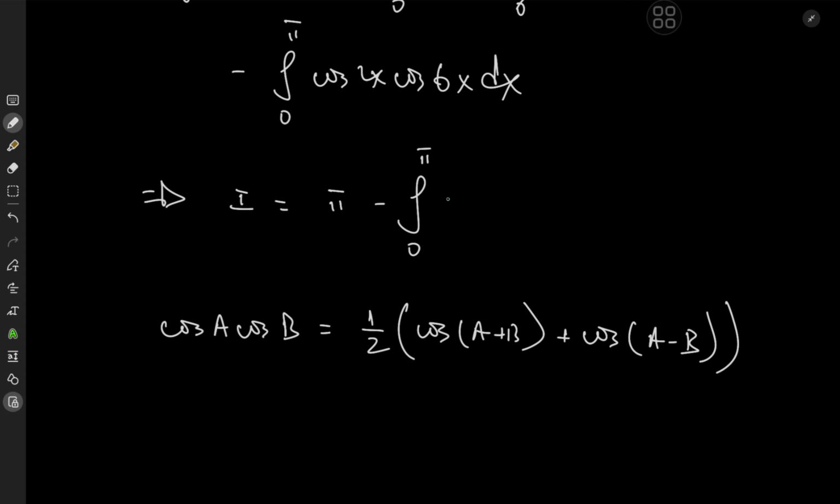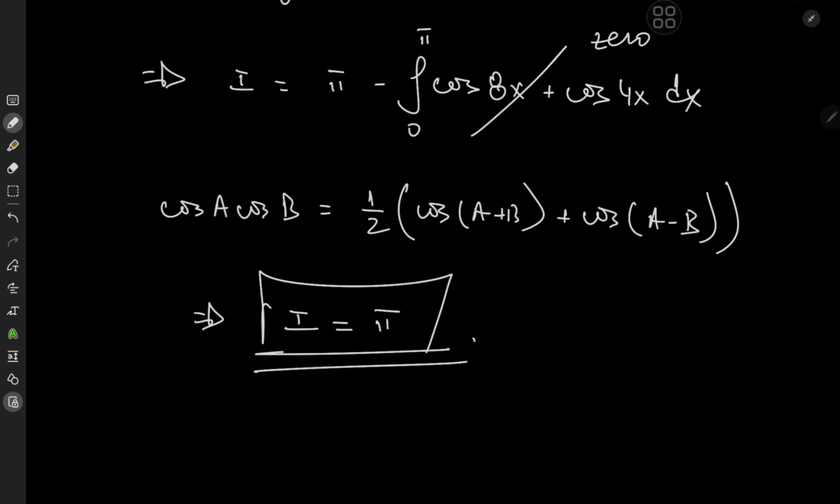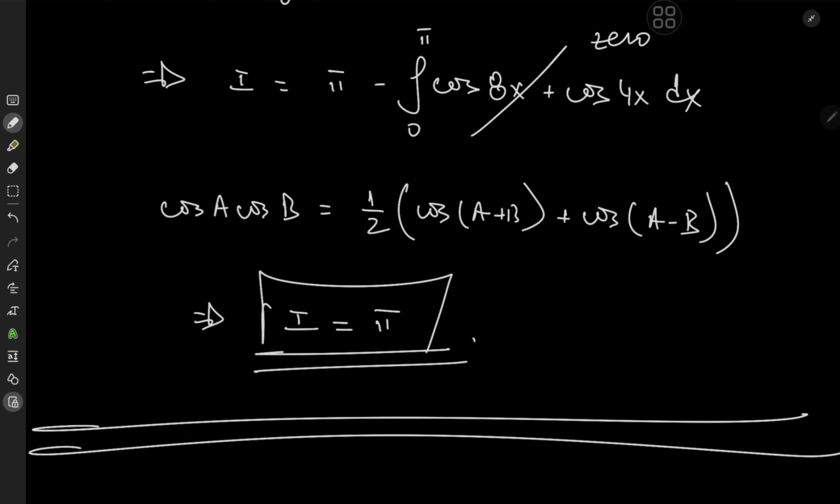Okay, cool. So that means we have cosine of 8x over here plus cosine 4x, since cosine is an even function, so instead of negative 4x, I'll just write 4x. And again, we see that the integrals cancel out to 0, which implies that I here equals pi, which is quite nice indeed.